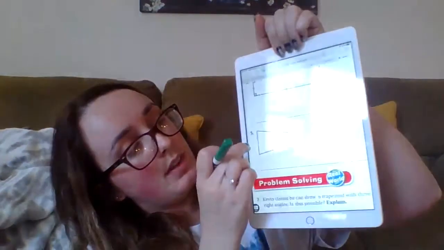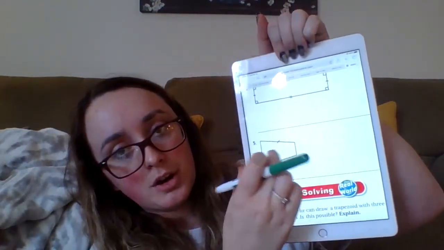So you would write quadrilateral. And then a trapezoid is classified as having at least one group of parallel lines. And it does. They're not the same size, but these are parallel lines. This one and this one are parallel lines. So it would also be a trapezoid.